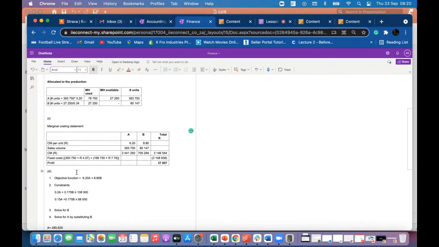Now, remember, fixed costs are fixed costs. They don't change. So here, these fixed costs are based on the total number of units that we wished or budgeted to make. And that's why here they're doing it based on the total number of units.